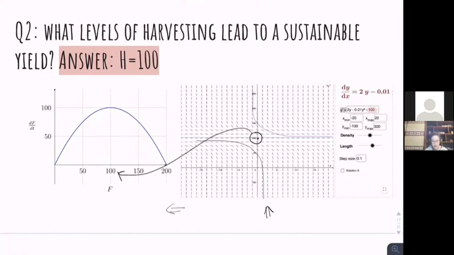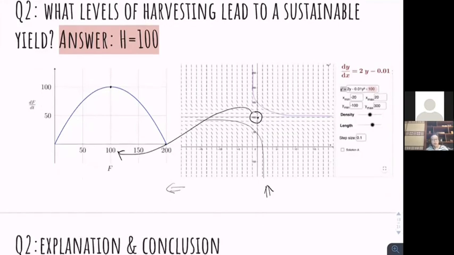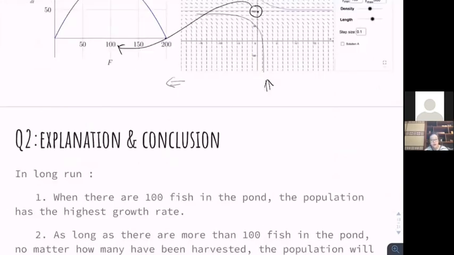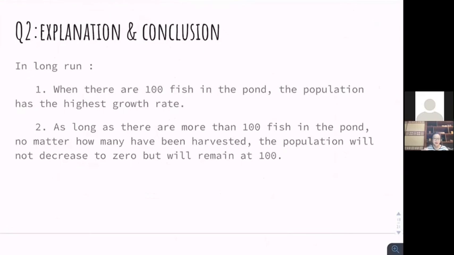We can see the growth rate hits this point, this is the highest dependent value, which means at this point, the population has the highest potential growth rate. So we don't have to worry about the pond being depleted or reaching too high. In short, in the long run, when there are 100 fish in a pond, the population has the highest growth rate.